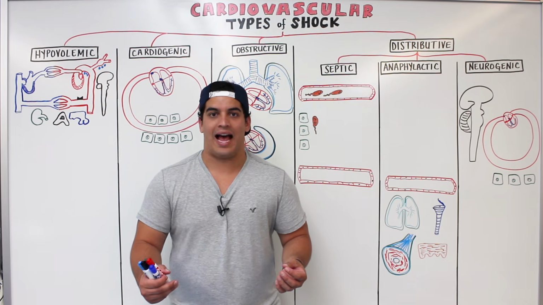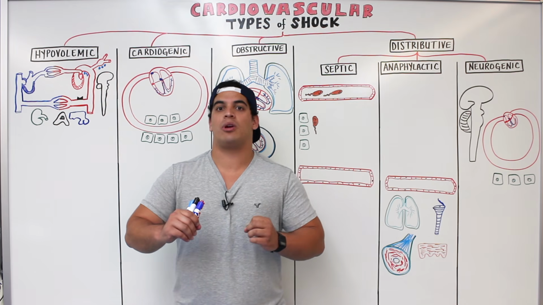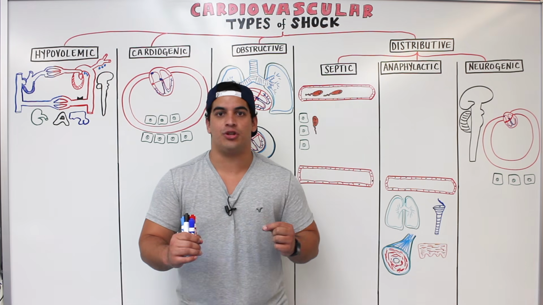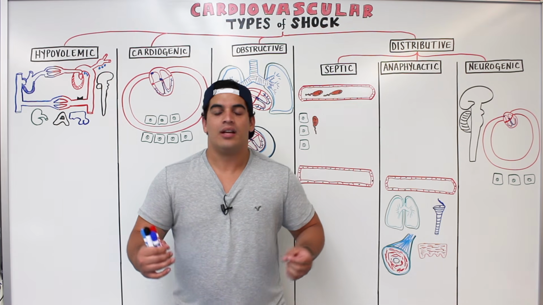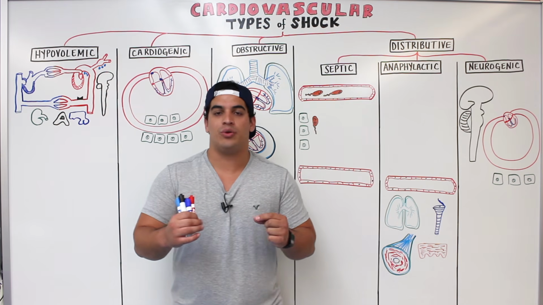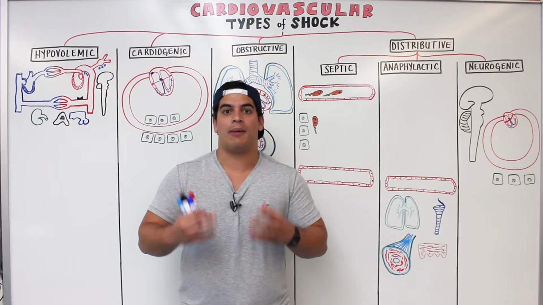And because there's not enough adequate tissue perfusion, there's not an adequate amount of oxygen delivery to the tissues. So because of that, the tissues start developing a certain type of ischemia. Okay? And that ischemia, if it happens over a long period of time, the tissue can start becoming necrotic. In other words, it can die. And then tissues are what make up organs.